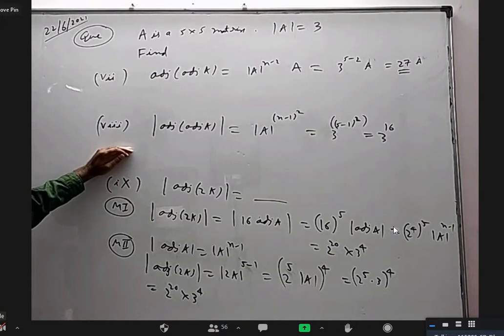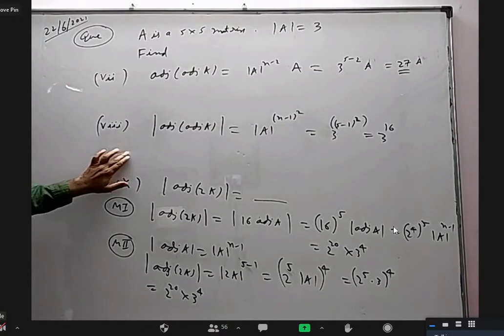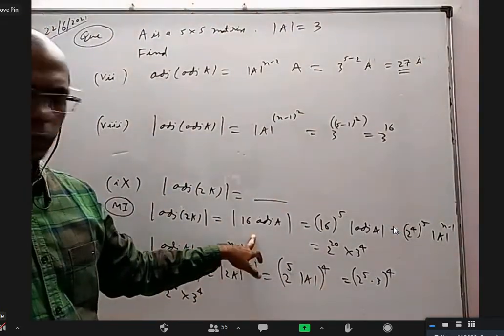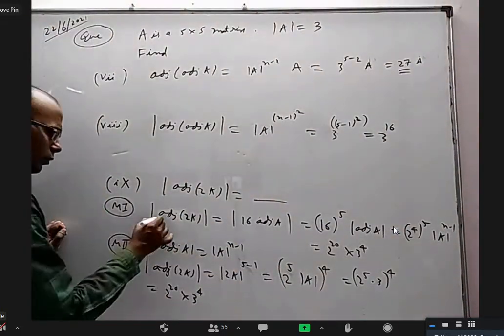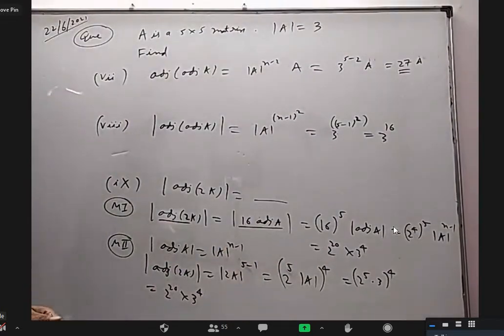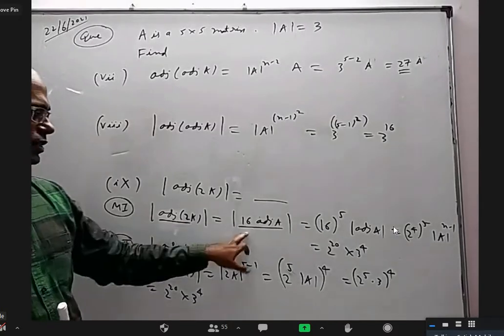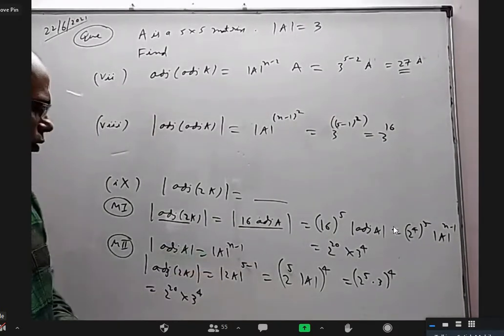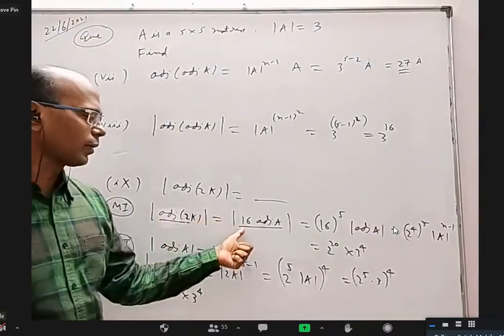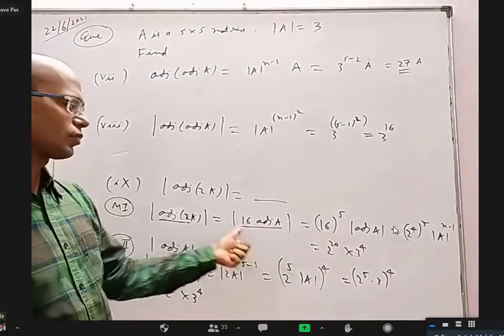Sir, yes. 9th question, method one, explain in one second. First step you are done. Yes, sir. My network is unstable. It's okay. From here to here is our 6th question: adjoint 2A is 16 adjoint A, we did that in the 6th question. Adjoint KA is K power n minus 1 times adjoint A, that's how we got 16.